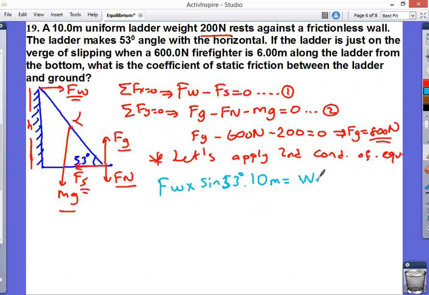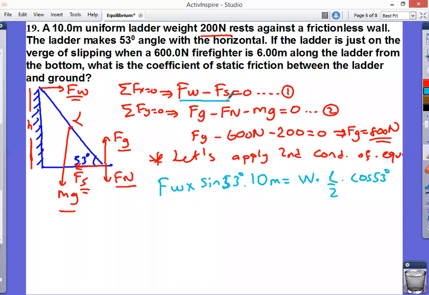Weight times L over 2 times cos 53, okay? This is the equation that we are going to use. Is this the first equation?